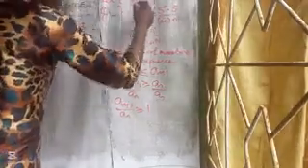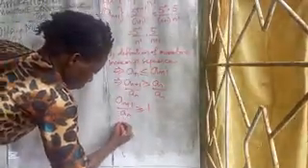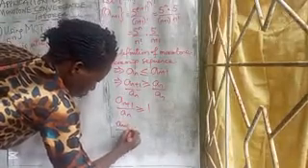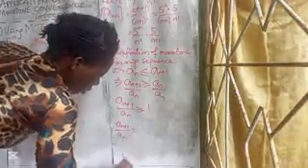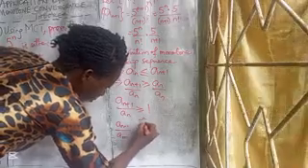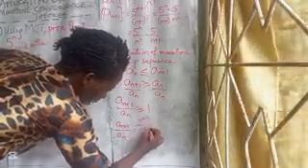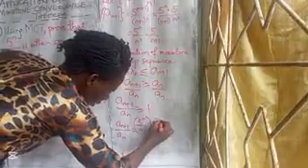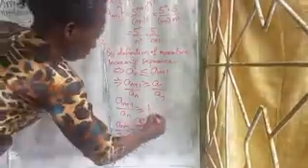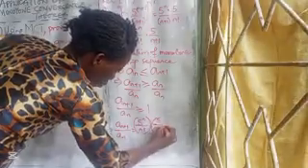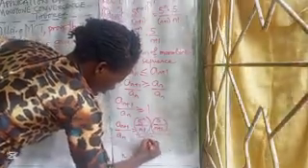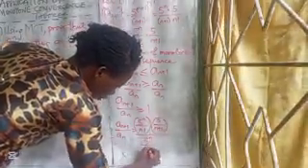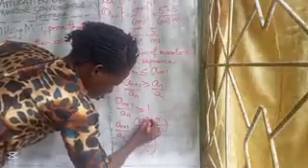Now, if we divide these two, a sub n plus 1 over a sub n will be 5 to power n over n factorial times 5 over n plus 1, over 5 to power n over n factorial. This removes this.